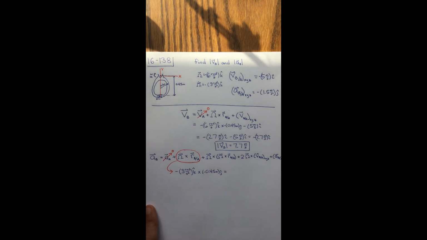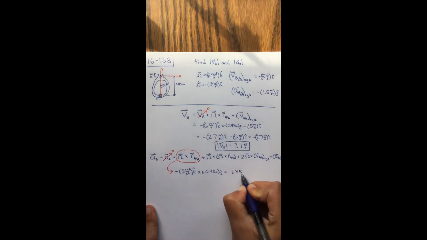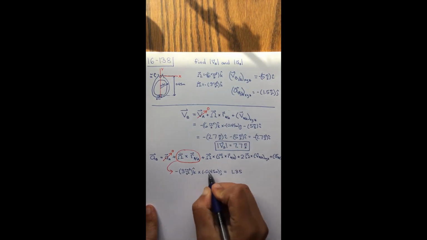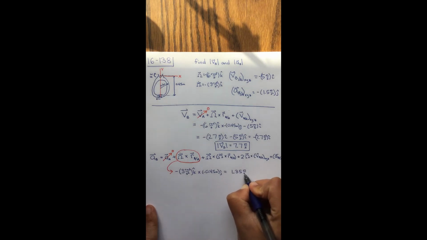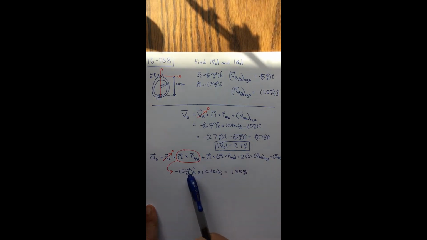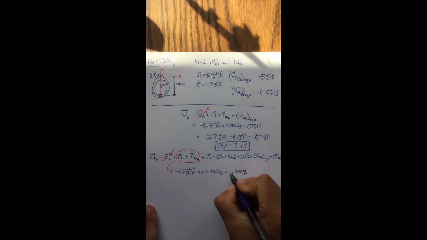And doing that, the 3 times 0.45 gives me 1.35. And radians per second squared times meters gives me meters per second squared. I have a negative sign here and a negative sign here, so that gives me something positive. But I do k hat crossed with j hat, and that gives me negative i hat. Okay, so that was our first cross product.